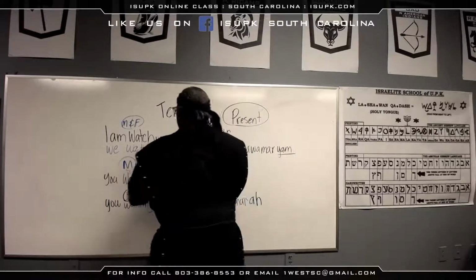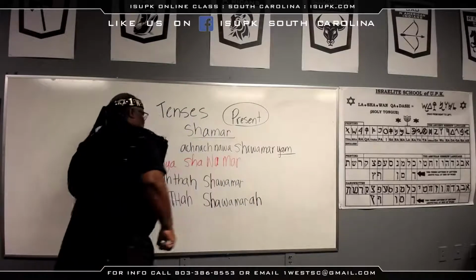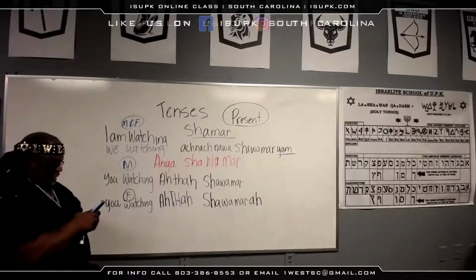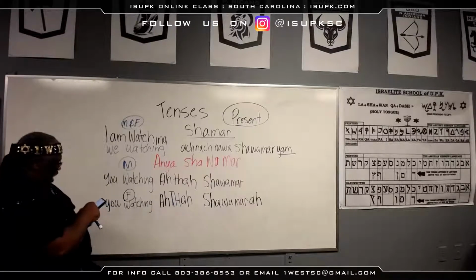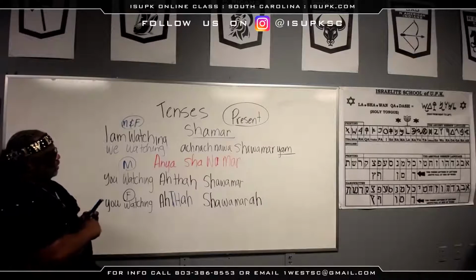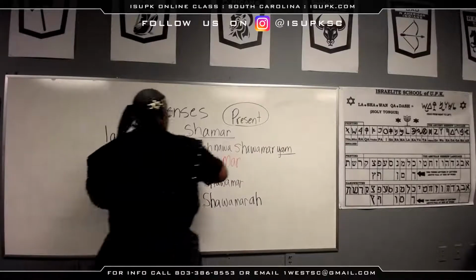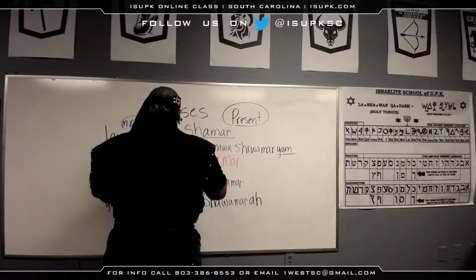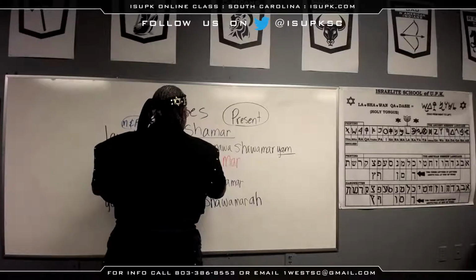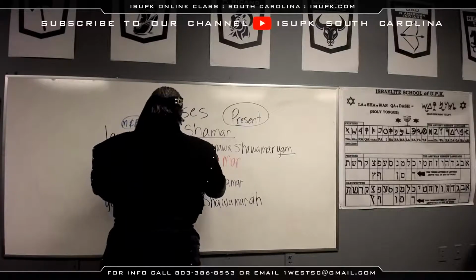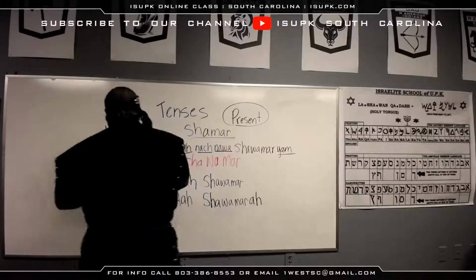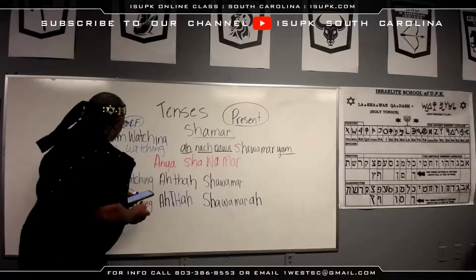There's that plural over there. When you say we're watching, if I got the spelling right here. Oh, I spelled it wrong. There we go, that's better. Anak, then you want to say nawa, because you want to say we.